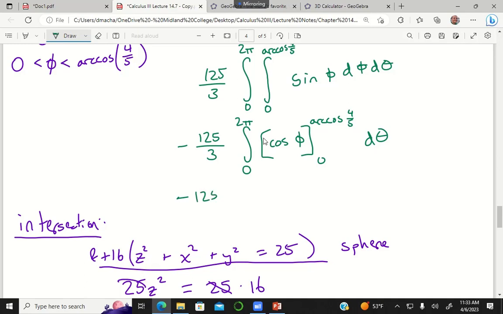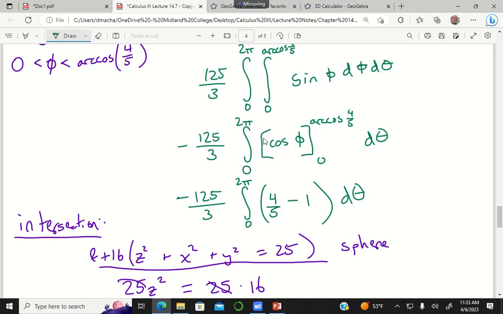So here we go. Integral 0 to 2 pi of 4/5 minus 1, because cosine of 0 is 1, d theta. So 4/5 minus 1 is going to be negative 1/5.